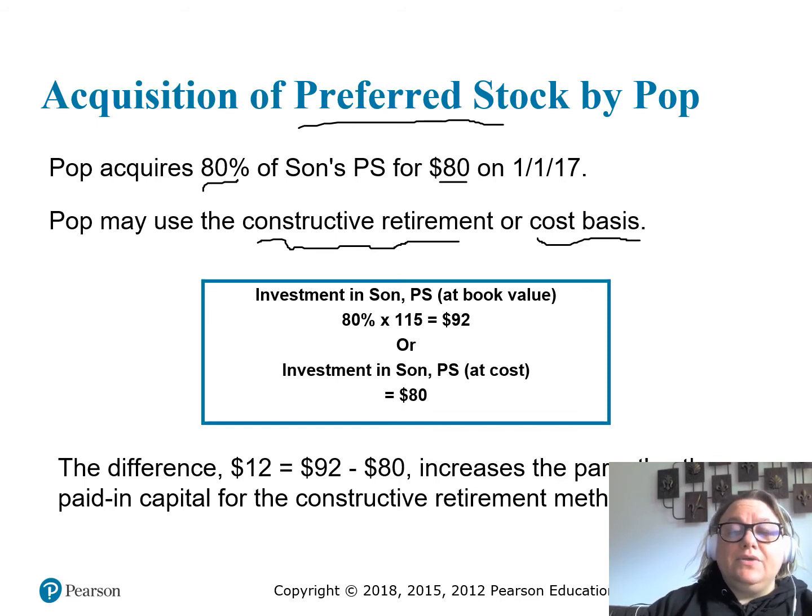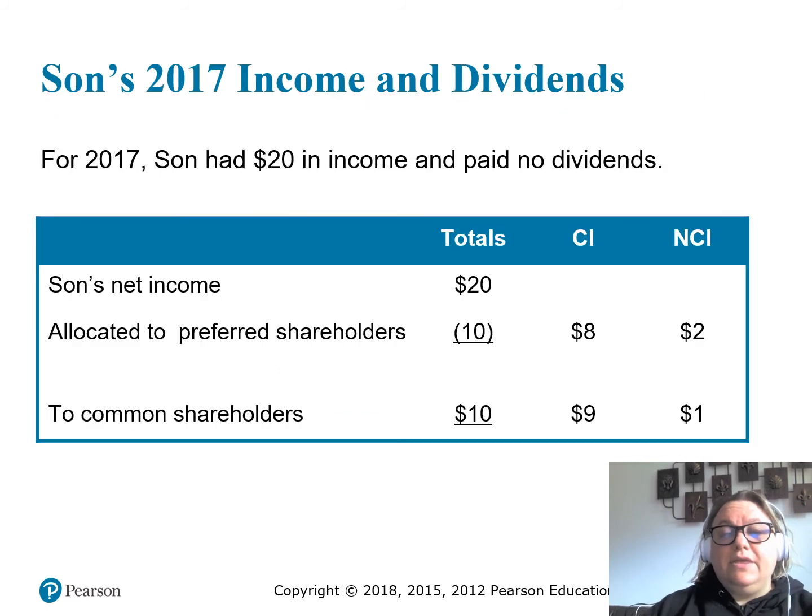And so the cost is 115, which we figured on the previous slide, and we would just take 80% of that to get 92. However, we paid $80, so they have a $12 difference, and then that goes into other paid in capital for the constructive retirement method.